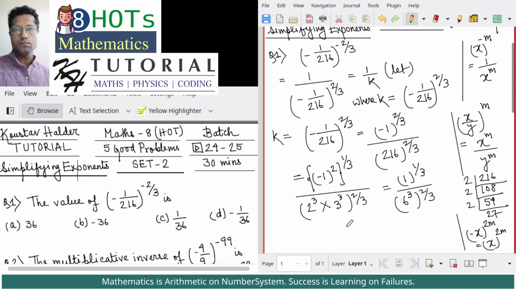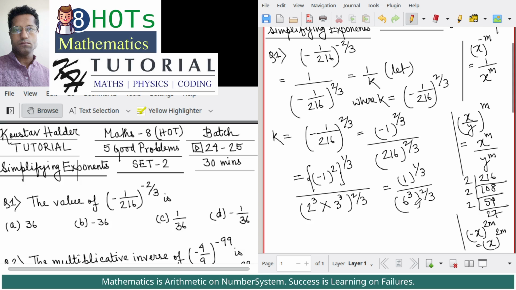Now at this stage, you can clearly say that the correct choice will be C, because this whole number, 1 raised to the power 1/3 divided by (6 cube) whole raised to the power 2/3, is definitely a positive number, and the positive choices are 36 and 1/36. It cannot be 36 because we clearly see that the numerator is 1 and the denominator will be something. So the correct choice has to be 1/36.